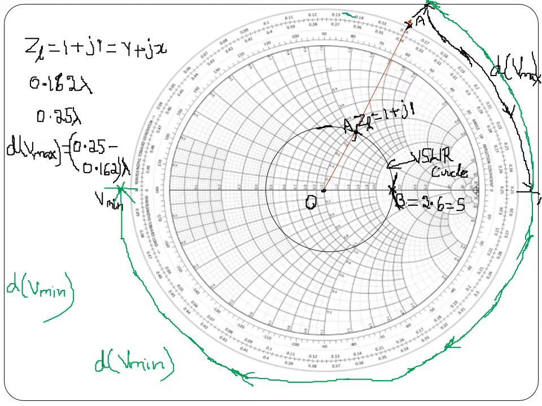When I travel from the load end towards the generator, till the horizontal radius to the left side of the chart center, which corresponds to Vminimum, the distance of Vminimum is equal to 0.5 minus 0.162 in wavelength.